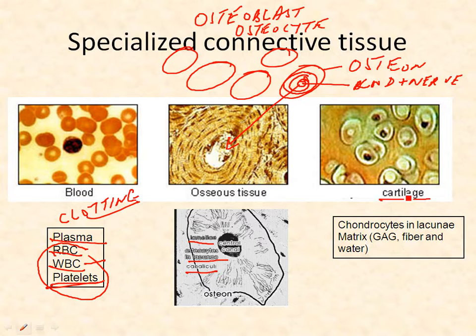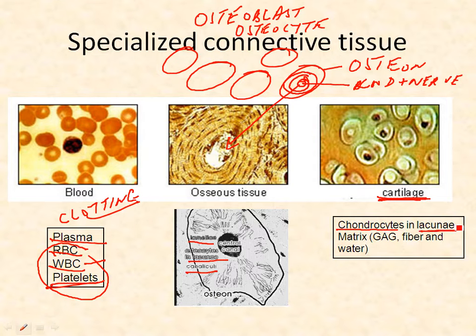Cartilage. The cartilage has its uniqueness because it is pliable and less dense than the bone. So it has more tensile strength than a dense regular tissue, but it is less dense and hard than a bone. Cartilage is made up of, again, chondroblasts when they are immature or chondrocytes when they are mature, which lie in lacunae.